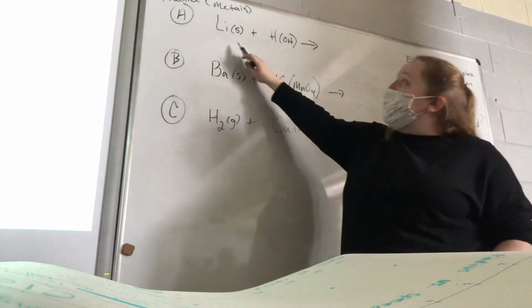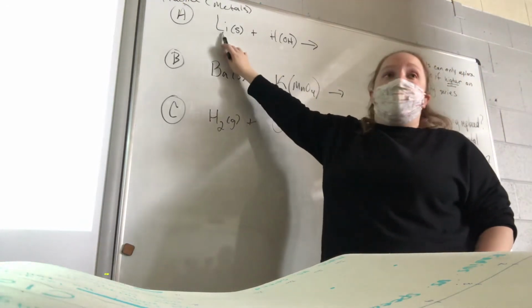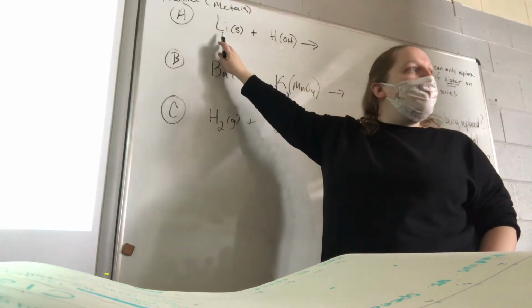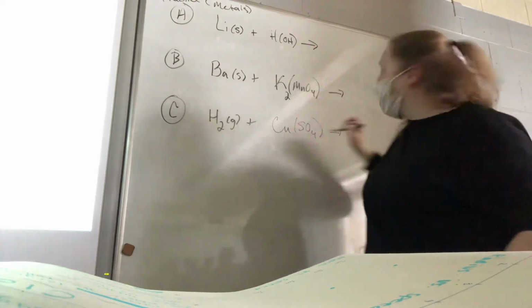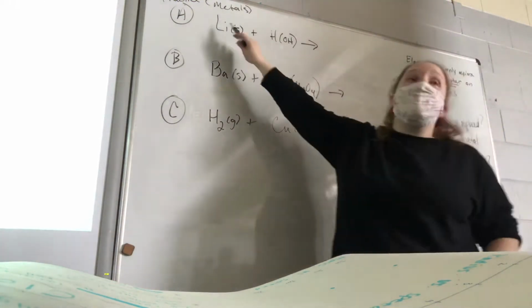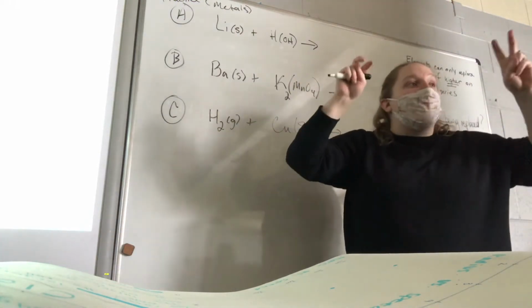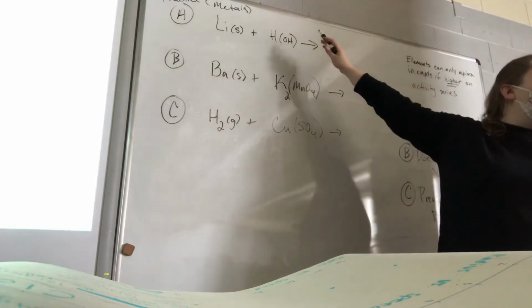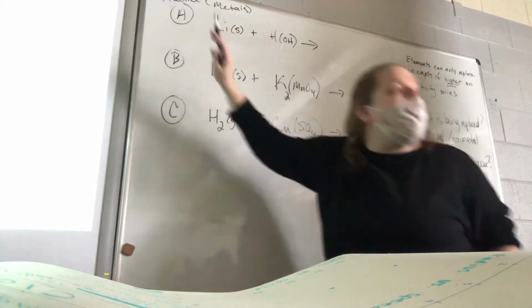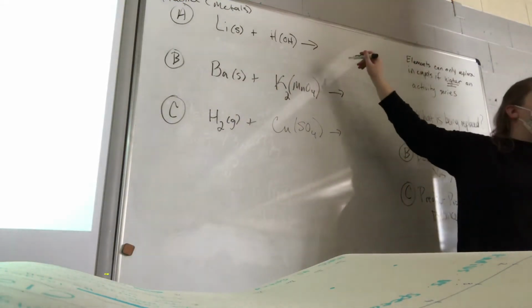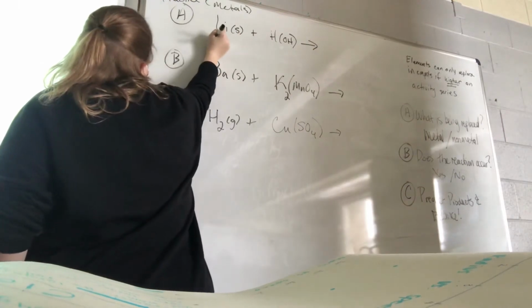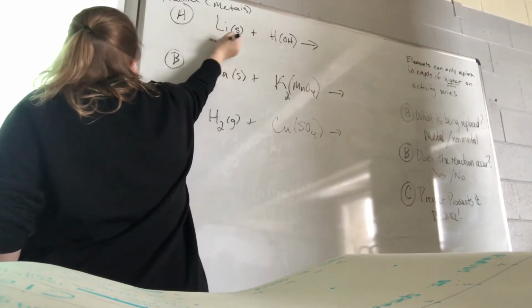So in this case, lithium, metal or non-metal? Metal, okay? This is the easiest way to determine this first question, is to look at the thing that's by itself in its elemental form. If it's a metal, then a metal's being replaced. If it's a non-metal, then a non-metal is being replaced. Okay? So for A, the first answer is metal.